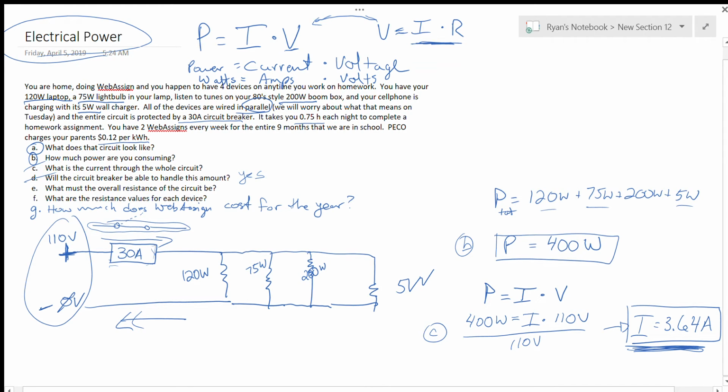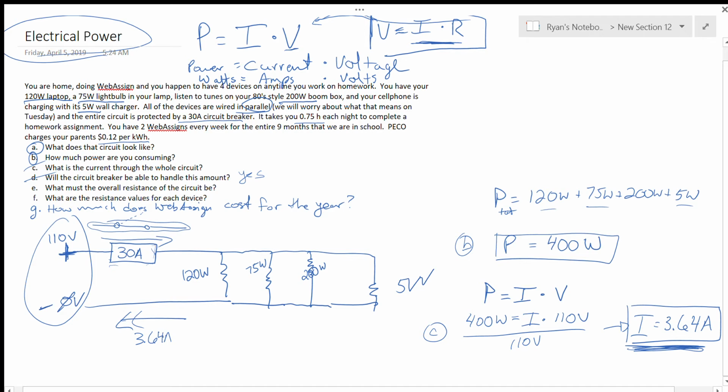What must the overall resistance of the circuit be? Okay, here's where we start to cycle back now. You know V for the circuit. Oh, by the way, the 3.64 amps, that's what 3.64 amps here and here. That's coming out of and going back to the supply.